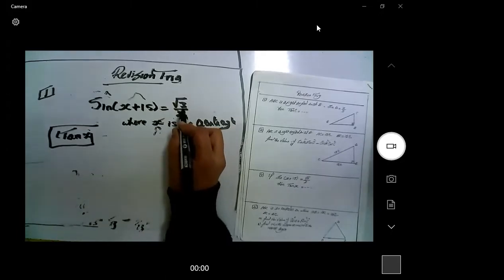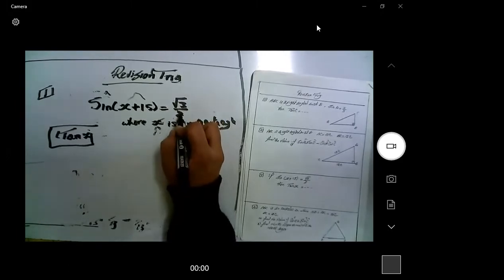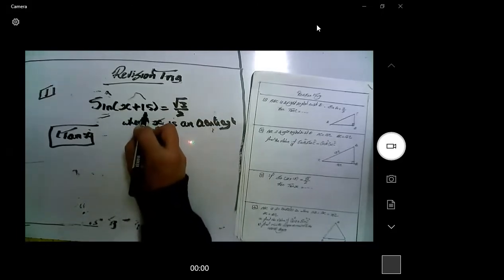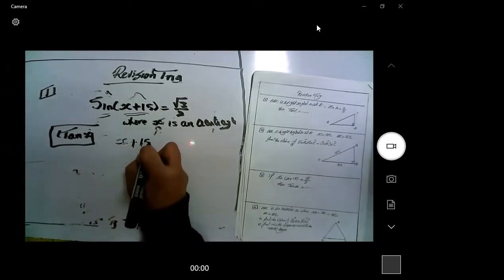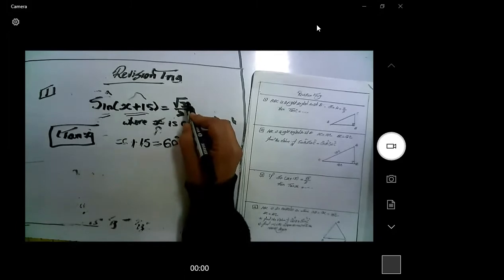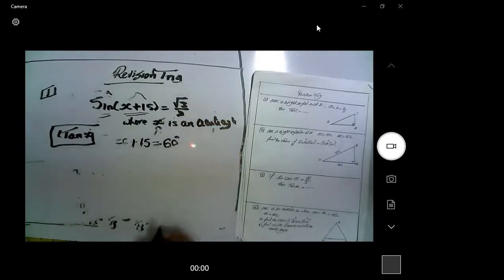Shift sine root 3 over 2 to get the measure of an angle from each ratio, from sine, cosine, or tan. Shift sine, shift cosine, shift tan. Now we have the sine ratio. Then shift sine root 3 over 2 to get the measure of x plus 15. So angle x plus 15 equals 60 degrees after shift sine root 3 over 2.